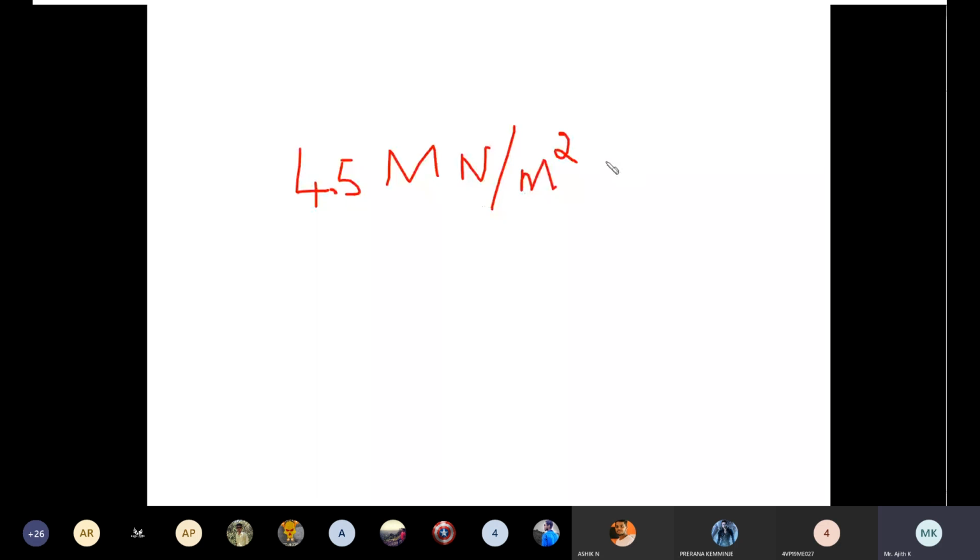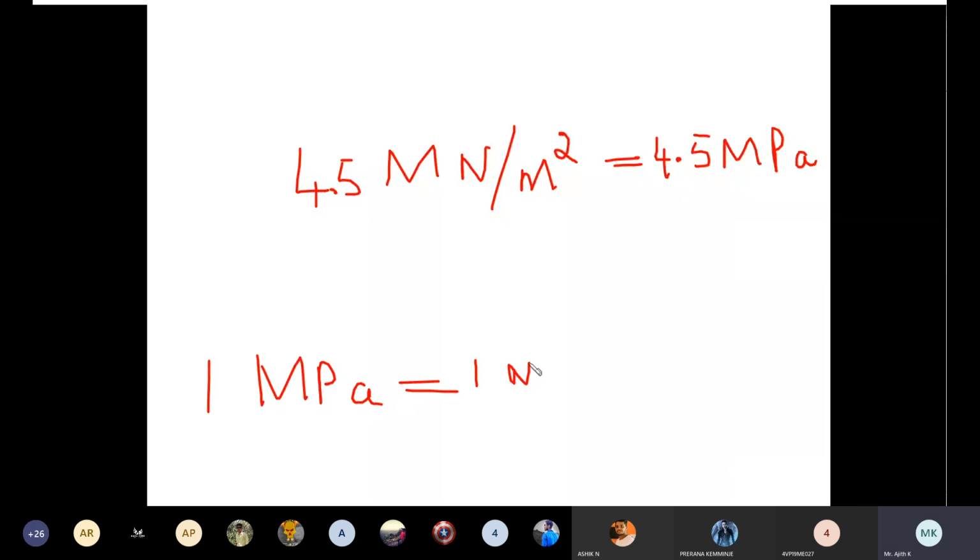Then it becomes 4.5 megapascal, and 1 megapascal is equal to 1 Newton per mm square.